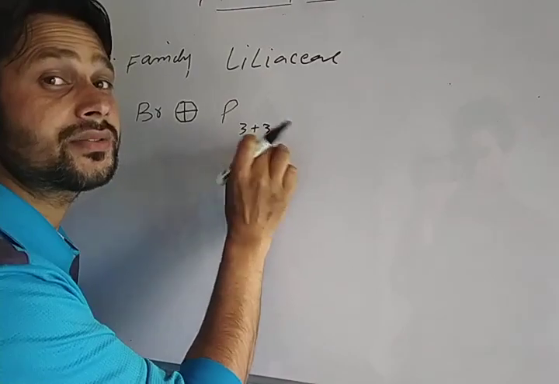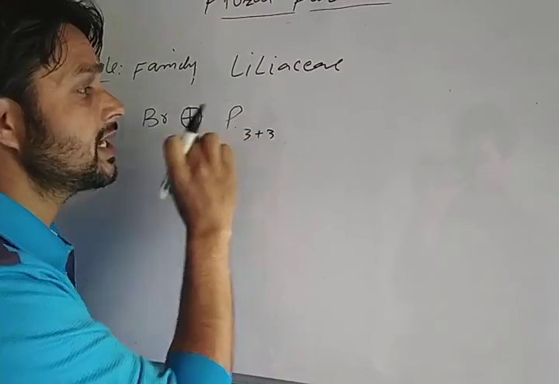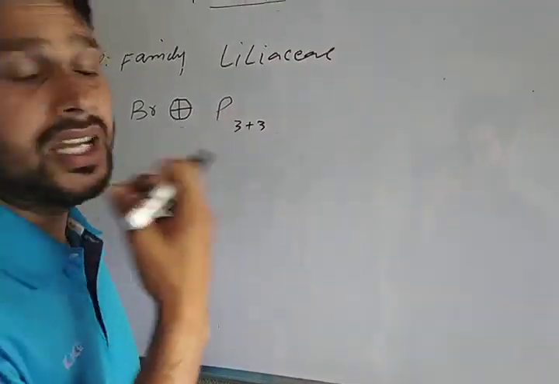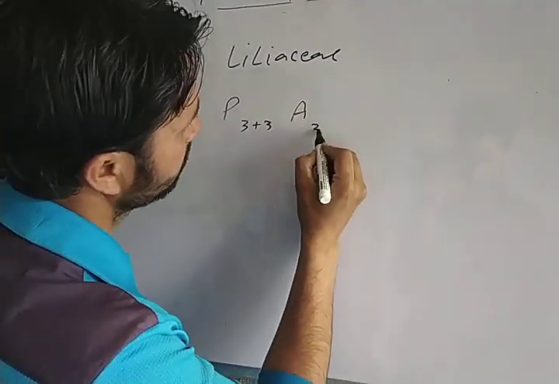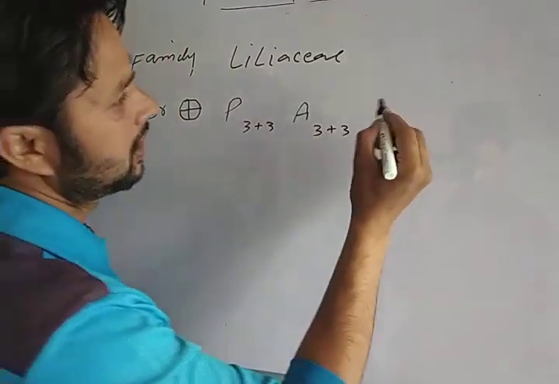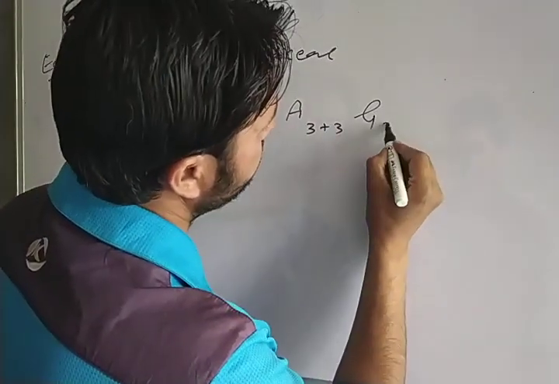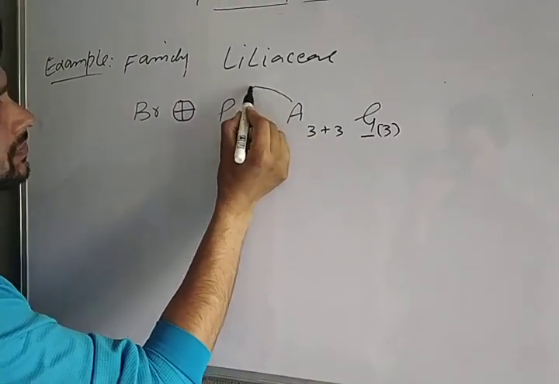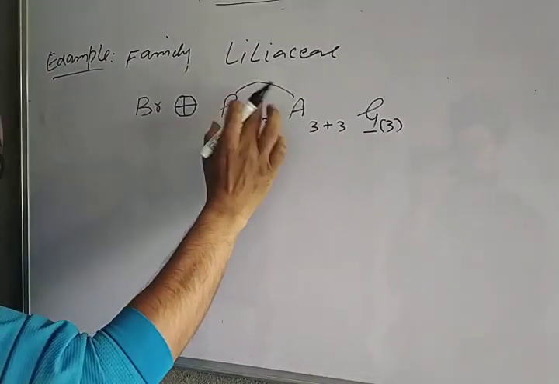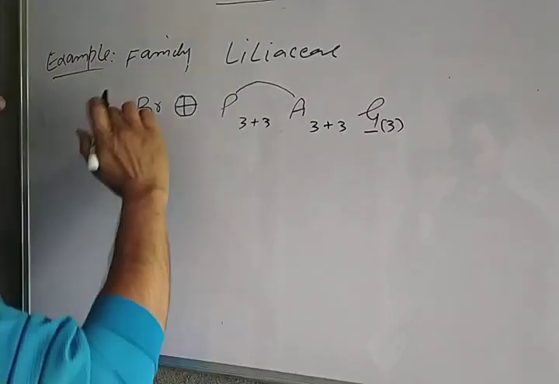They are not distinguishable, and the condition is known as perianth. And androecium 3 plus 3 and gynoecium 3. This is called epiphyllous condition.